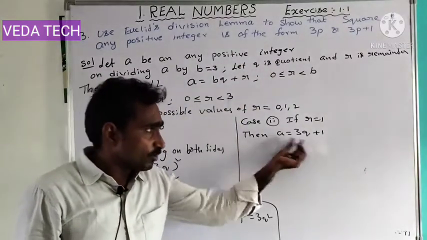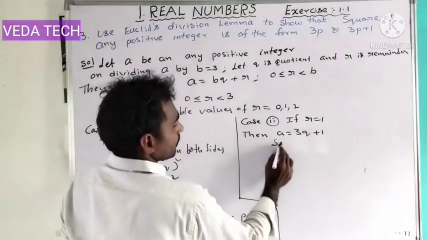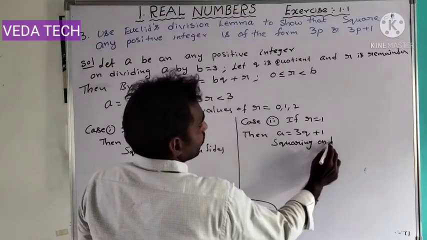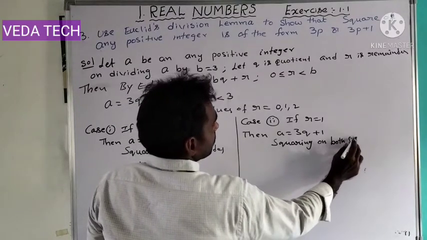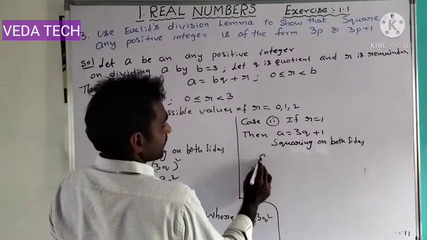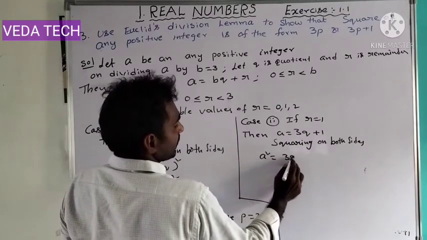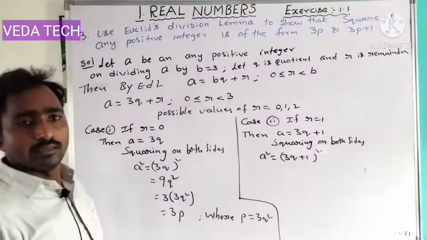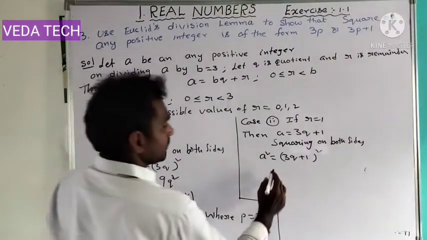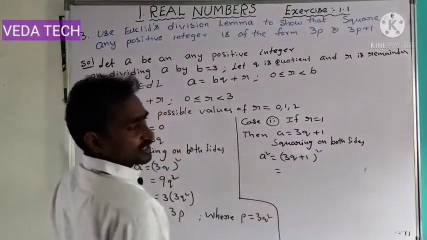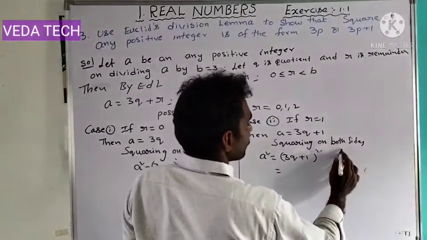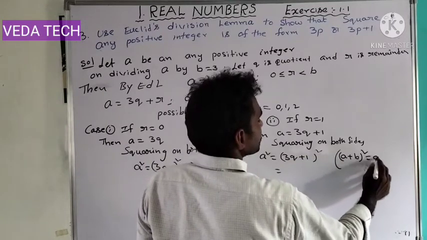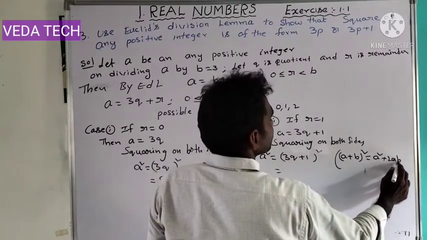So squaring on both sides, a square is equal to (3q plus 1) whole square. This is in the form of (a plus b) whole square. You know the formula: (a plus b) whole square is equal to a square plus 2ab plus b square.